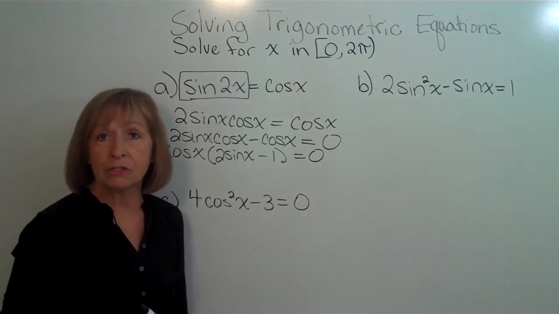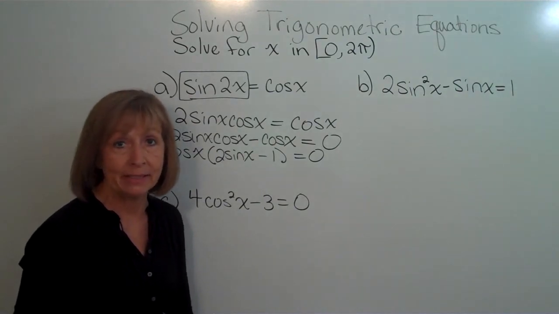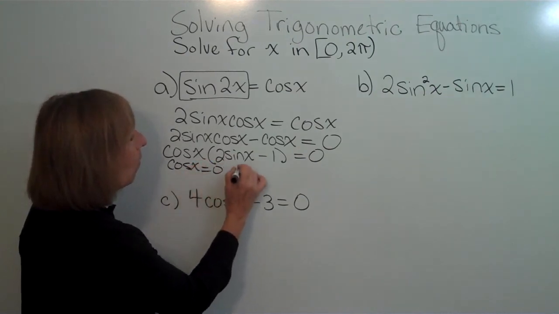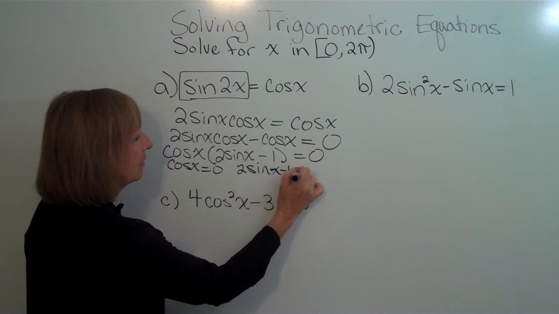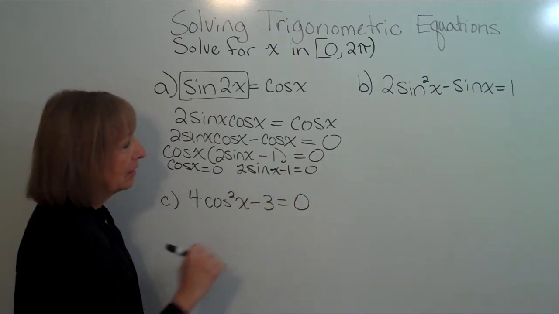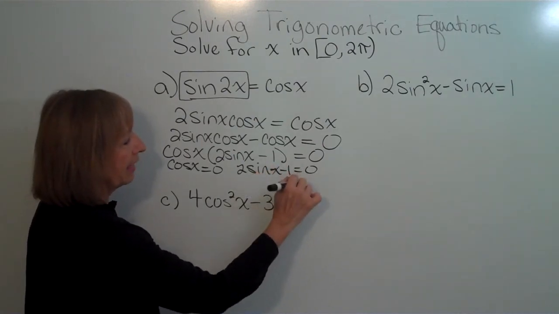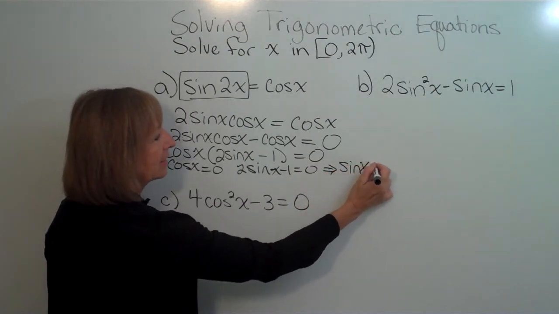Now, when a product of two things is equal to 0, one or the other of the factors has to be 0. So cosine x equals 0, or 2 sine x minus 1 equals 0. Taking 2 sine x minus 1 equals 0, I add the 1 and divide by 2. That gives me that sine x has got to be 1/2.